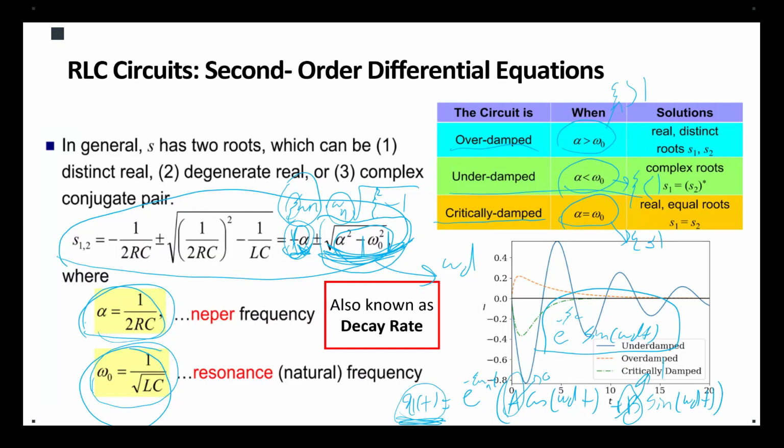So you need to differentiate that function, make it equal to 0, and find out what time satisfies that condition. That time is going to be the time of peak. You put the time of peak inside your original voltage or current, and then you have the peak value of that function. Is that clear? Any question about that?